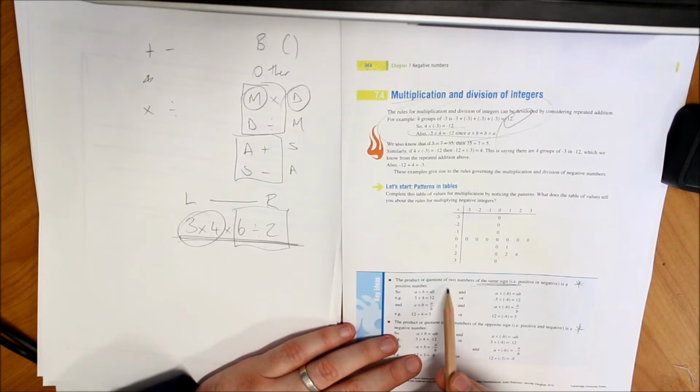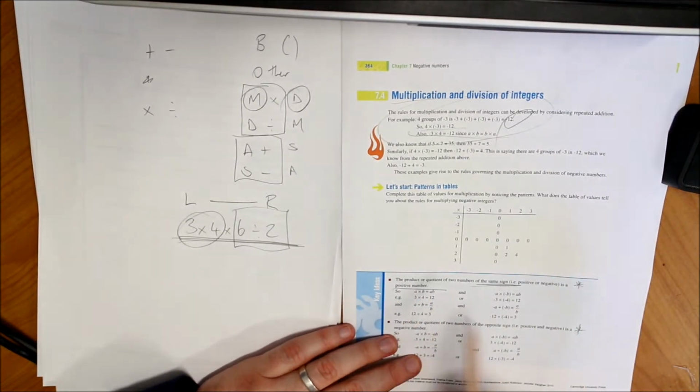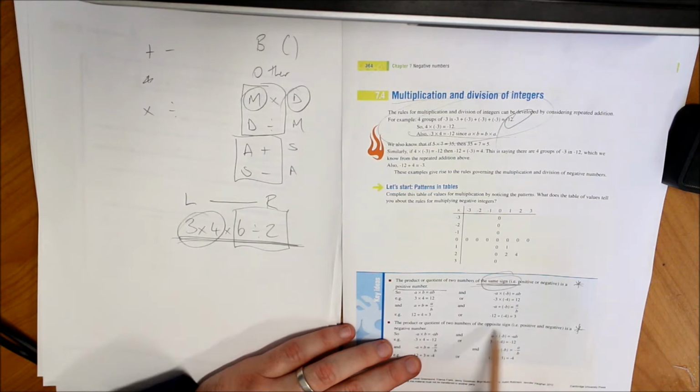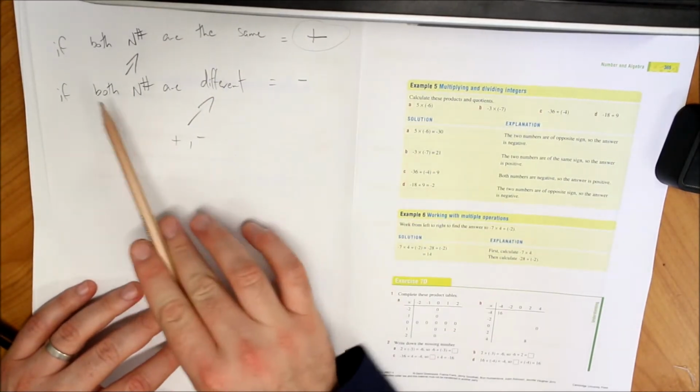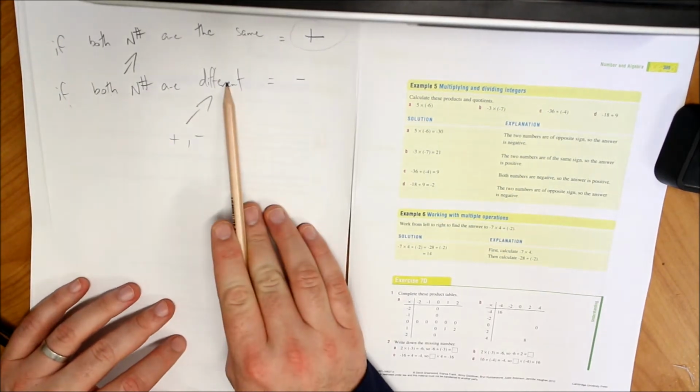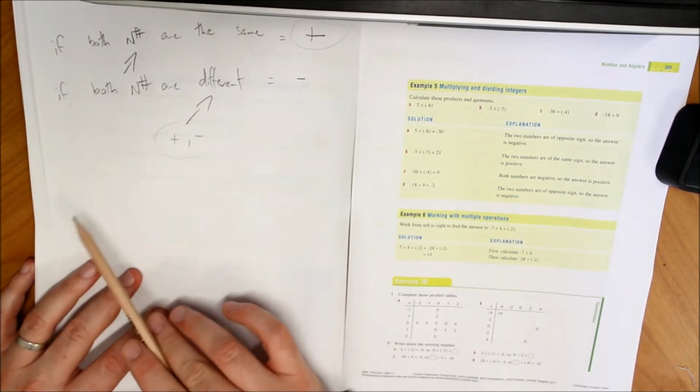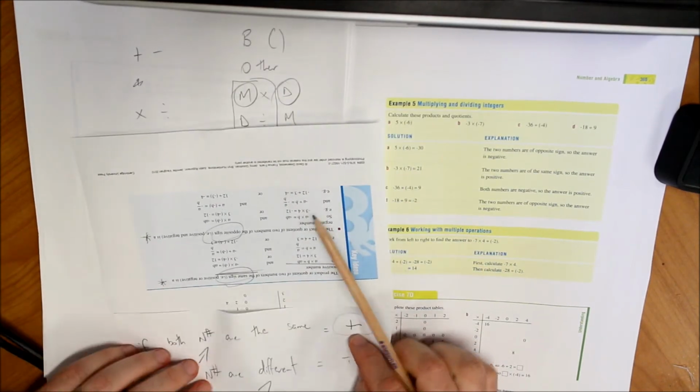So the same as what the key idea said: the product or quotient of 2 numbers that are the same is a positive, and the product or quotient of 2 numbers of the opposite sign is a negative number. If they're both positive or they're both negative, you end up with a positive number. If both numbers are different, so a positive and a negative, you end up with a negative number. I'm going to put this off to the side because I need to remember that. It's really important.